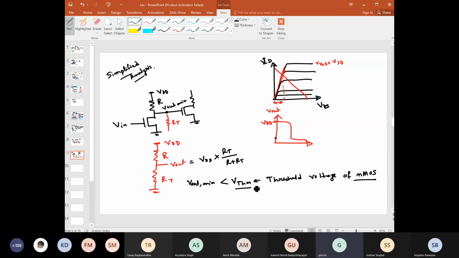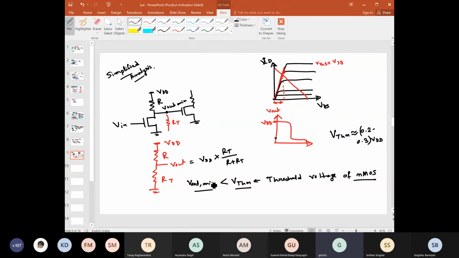It is not the switching threshold of the particular gate. So this criteria is quite clear to you, right? And generally, we can say that this threshold voltage of this NMOS is within the range of 0.2 to 0.3 times VDD. Let us say 0.2 of VDD.